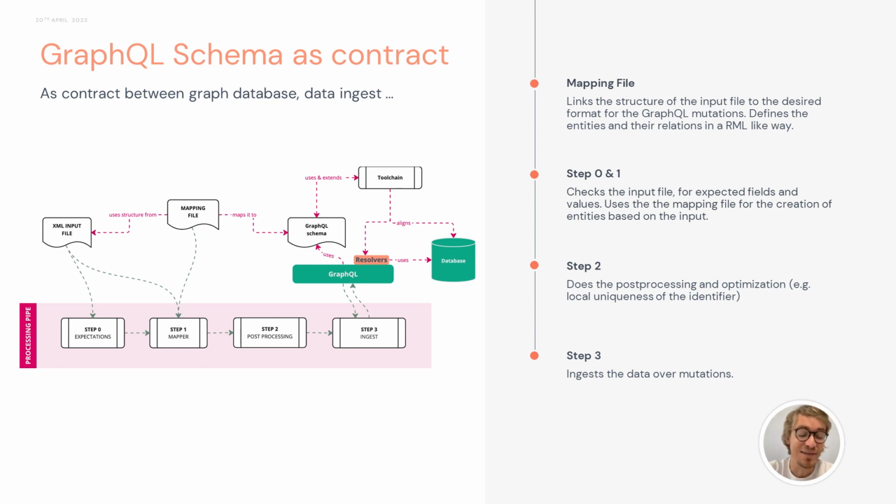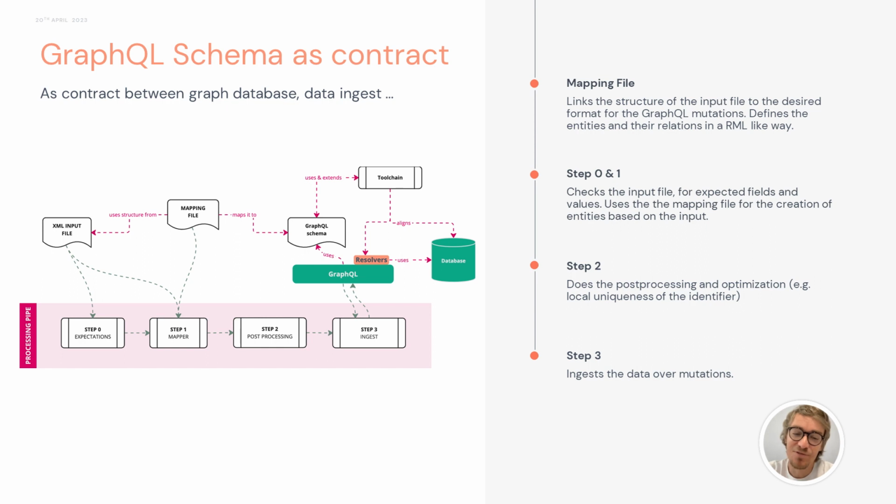If we have a structure like here, an XML input file, we can map that to the GraphQL schema and therefore to the graph database. So the only thing we have to do, when we get an XML file, is to define this mapping file, which is really flexible in finding the right information in the source file, and then map it into the graph over the GraphQL interface.